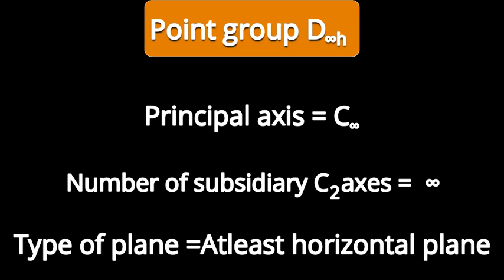From our general understanding of the label, we can say there is a horizontal plane present. Now let us see suitable examples for this point group and understand the collection of all symmetry operations for it.